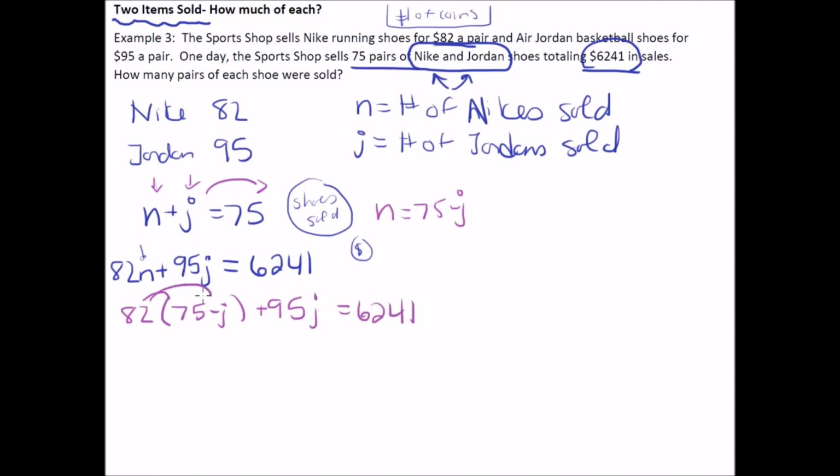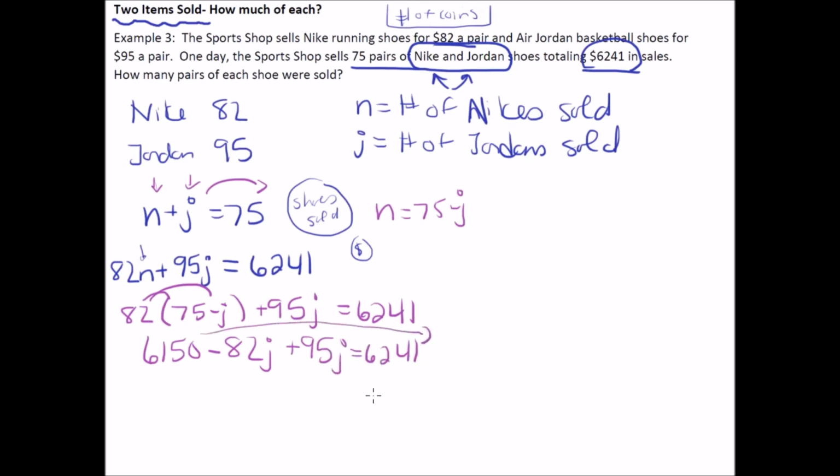Okay, and let's distribute that 82 into the bracket. So 82 times 75 is 6150 minus 82J plus 95J equals 6241.